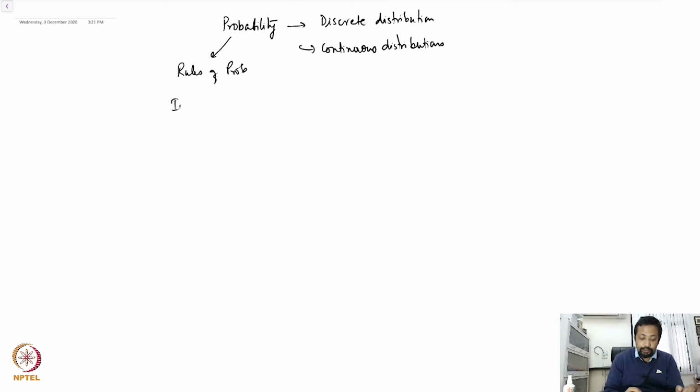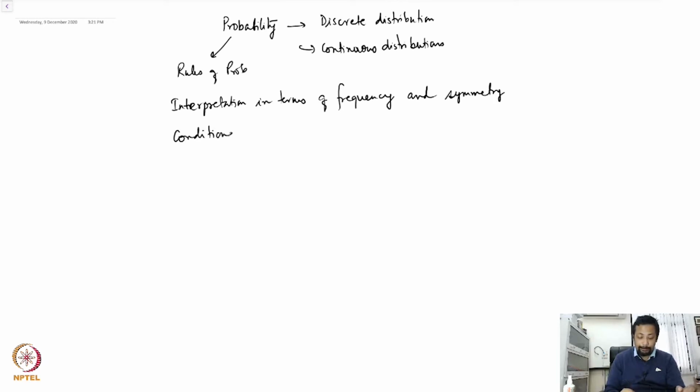So we learned about probability, the parts which are necessary for us, including discrete distributions and continuous distributions, the rules of probability, interpretation in terms of frequency and symmetry, the conditional probability, and how one defines a continuous random variable and therefore a continuous probability density.